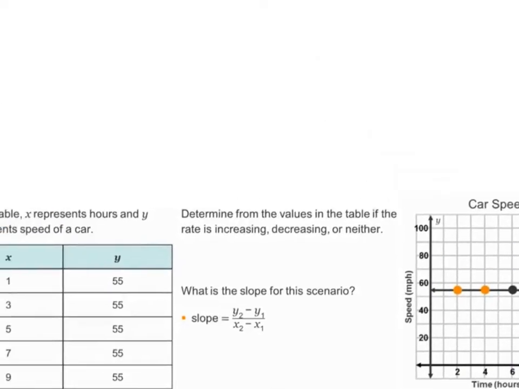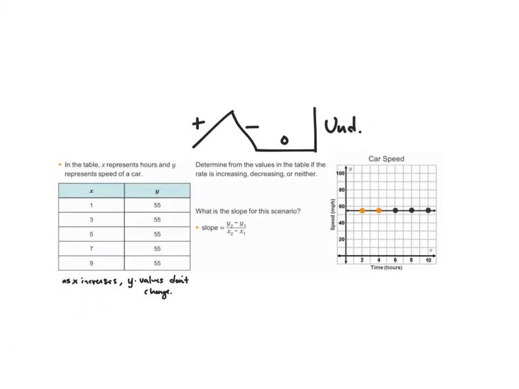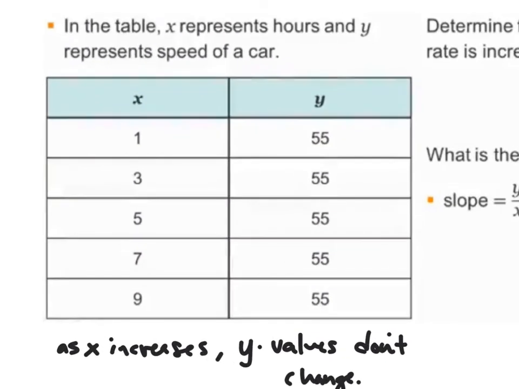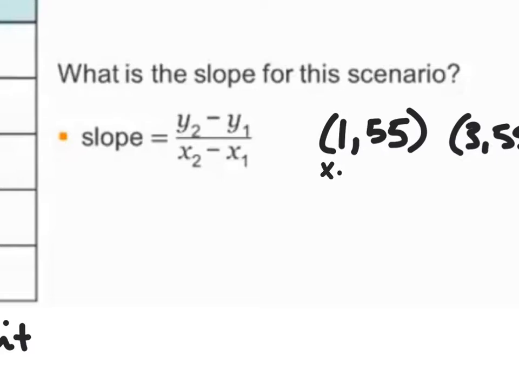Now remember, we have that little picture that we drew where we have a positive slope, a negative slope, a zero slope, or an undefined slope. Because this is a horizontal line, we're going to get a zero slope. But let's take some of these numbers and use our slope formula. I'm going to do the points 1, 55 and 3, 55, as x1, y1, x2, y2.